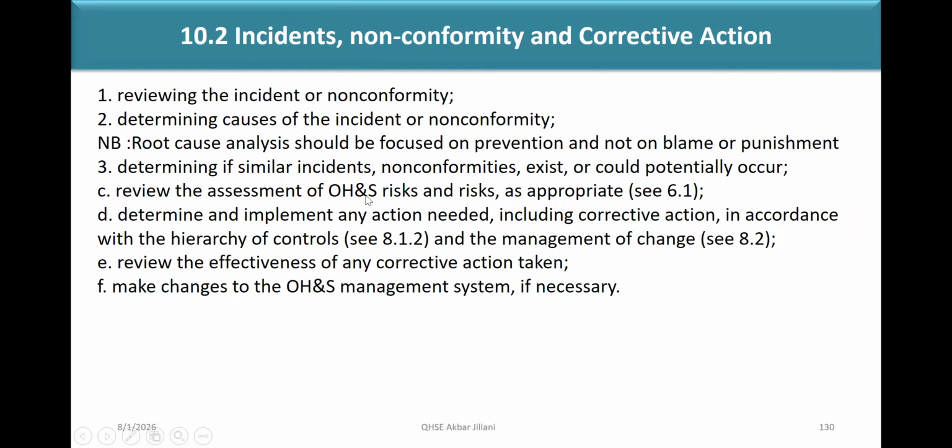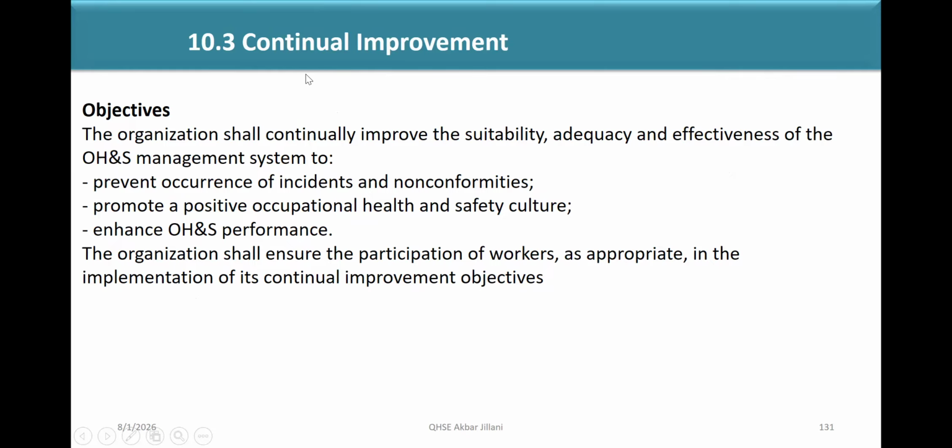Review the assessment of OHS risks and other risks as appropriate, as we discussed in 6.1. Determine and implement any action needed, including corrective action, in accordance with the hierarchy of controls and management of change. Review the effectiveness of any corrective action taken, and make changes to the OHS management system if necessary.